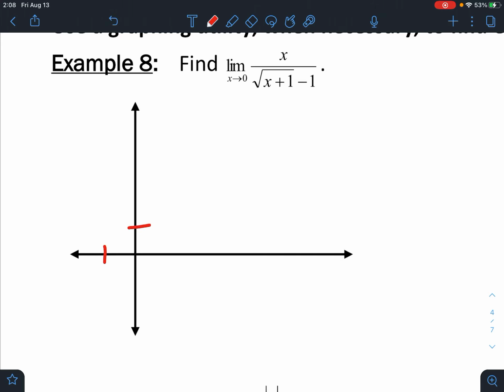But the graph is going to look something like this. So using our graph, we can see that from both sides, we're trying to reach 2.